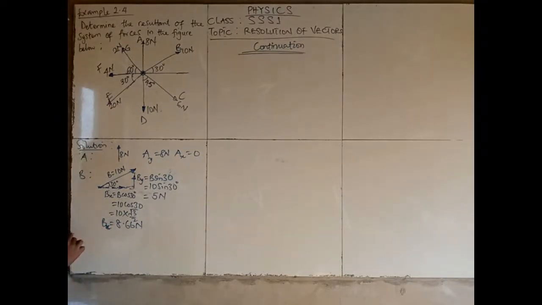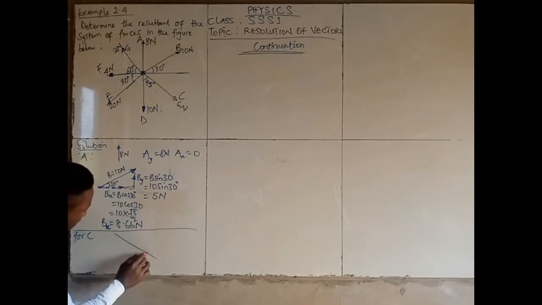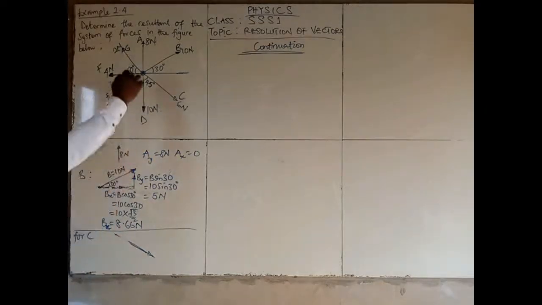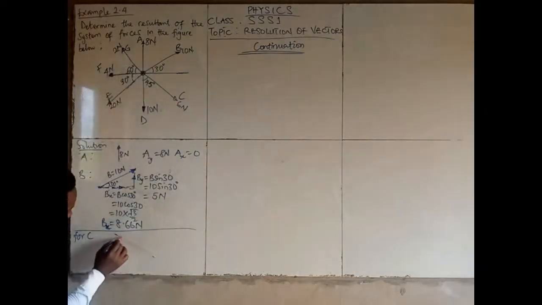We can do the same for vector C. For C, let's move to that side. Vector C is 6 Newton in this direction, a downward direction, something like this.